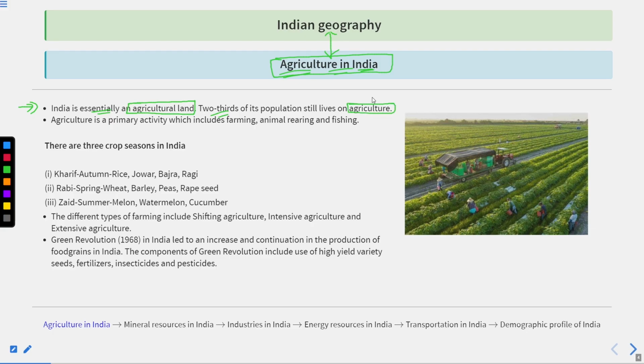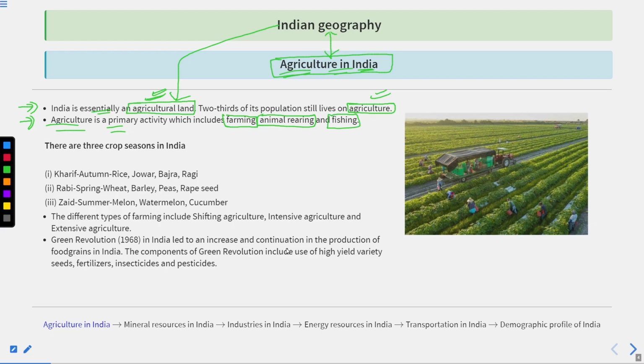Like I told you, it is an important part of the Indian economy, and of Indian geography, because India's climatic and geographical conditions make it an agricultural land. Thereafter, agriculture is a primary activity, an activity which includes farming, animal rearing, and fishing.